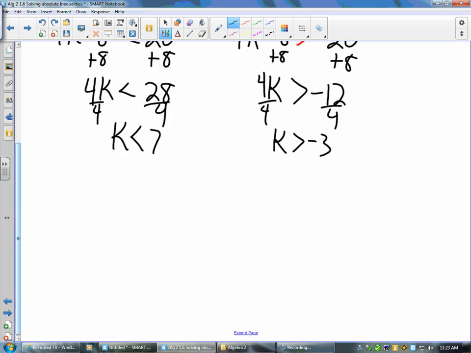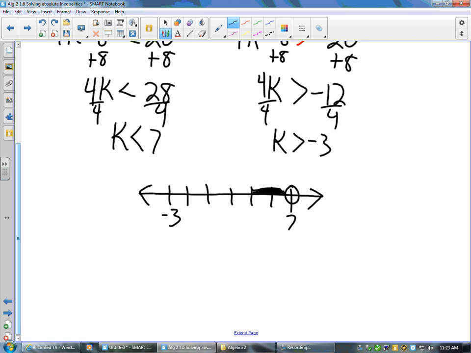And so to graph this, we'll have a -3 down here and a +7 up here. We will have k is smaller than 7, so open circle at 7, shading smaller numbers.